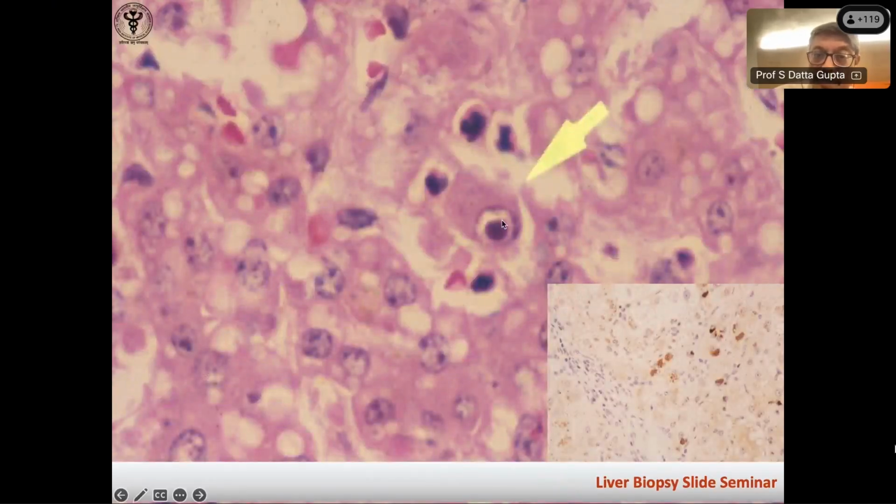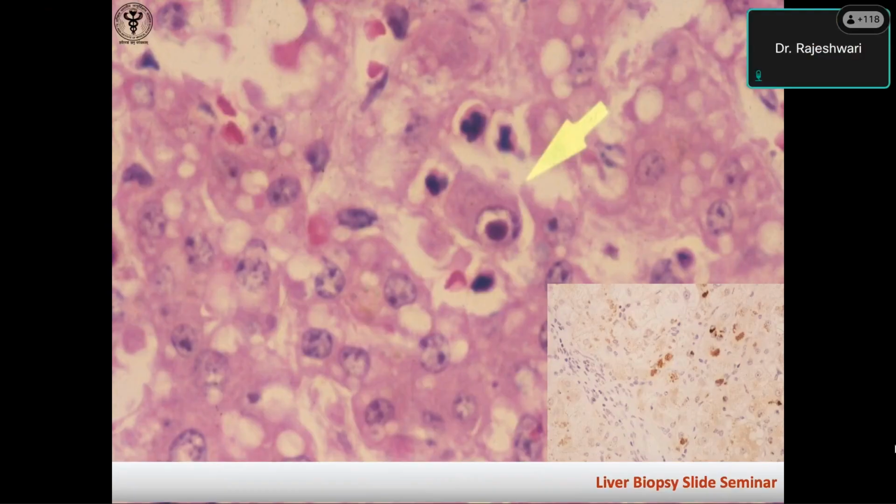What is this? Anybody can tell? Anyone? You have to take just a few seconds. That is an apoptotic body. Okay. You see, apoptotic body, it looks as if somebody has put in a syringe and pulled out all the fluid into it, right?